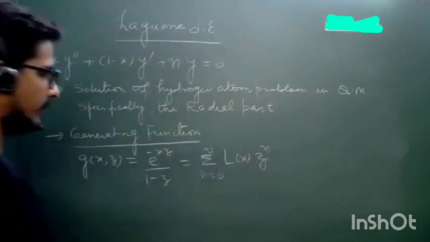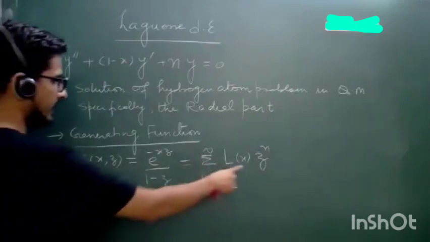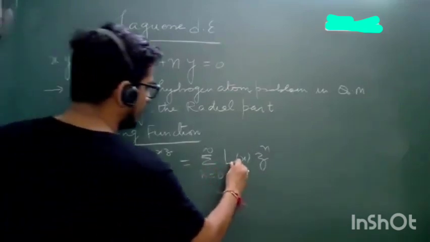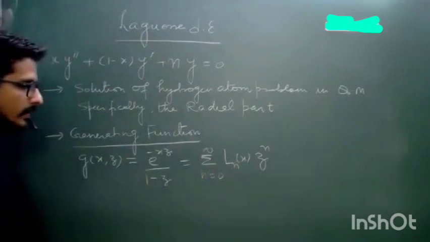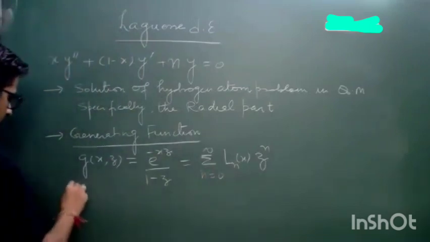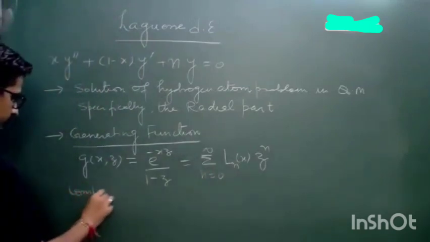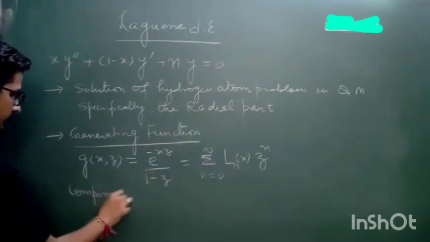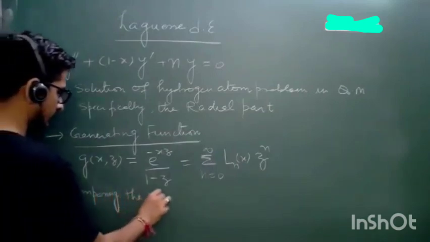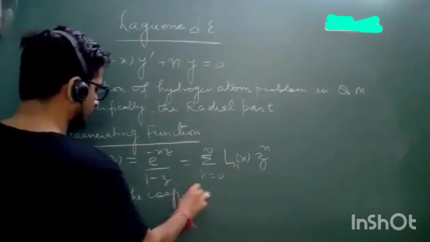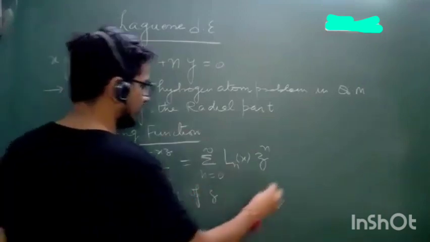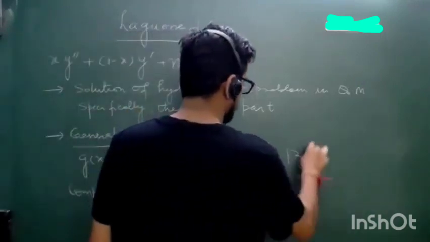So by comparing the coefficients of z, we will calculate the different Laguerre polynomials, and mod z is less than 1. It is given.